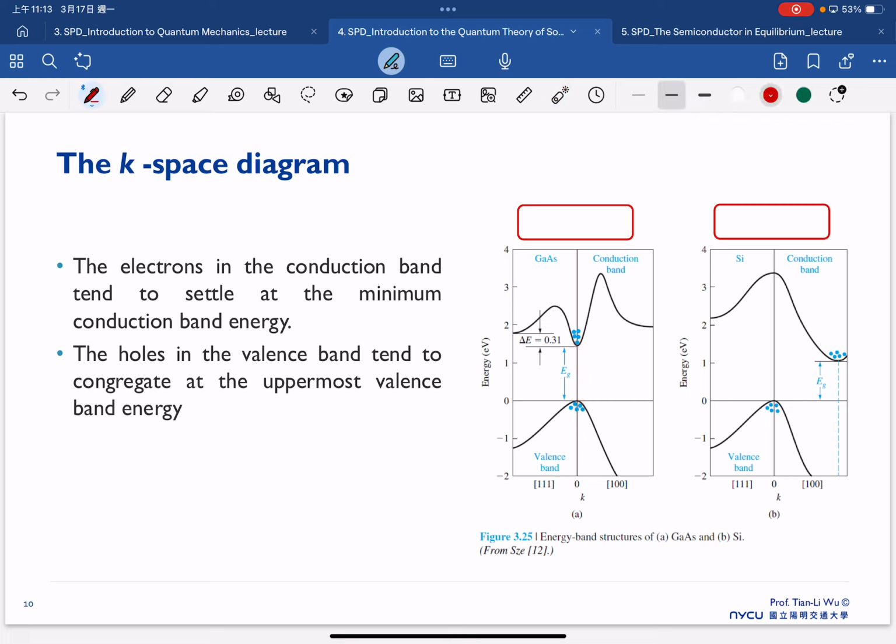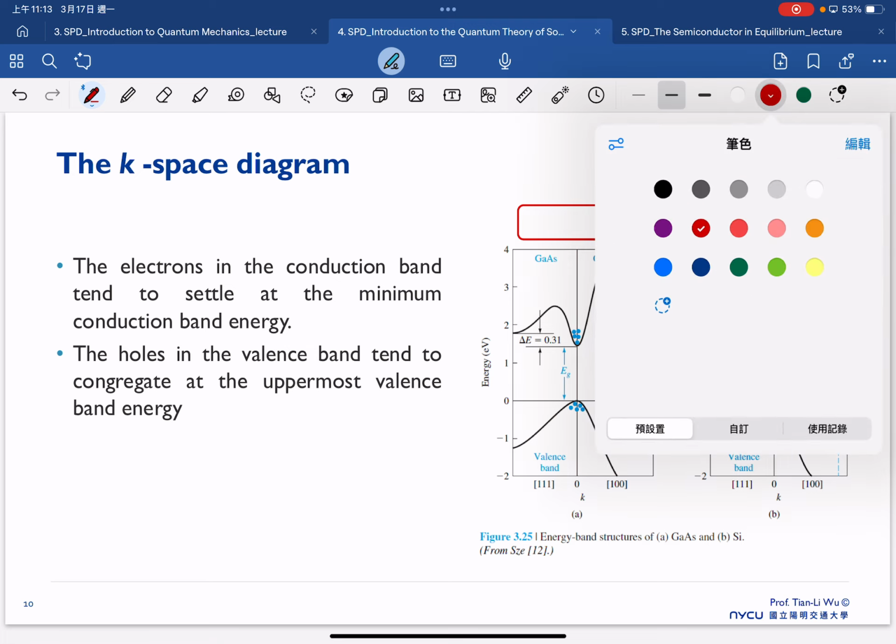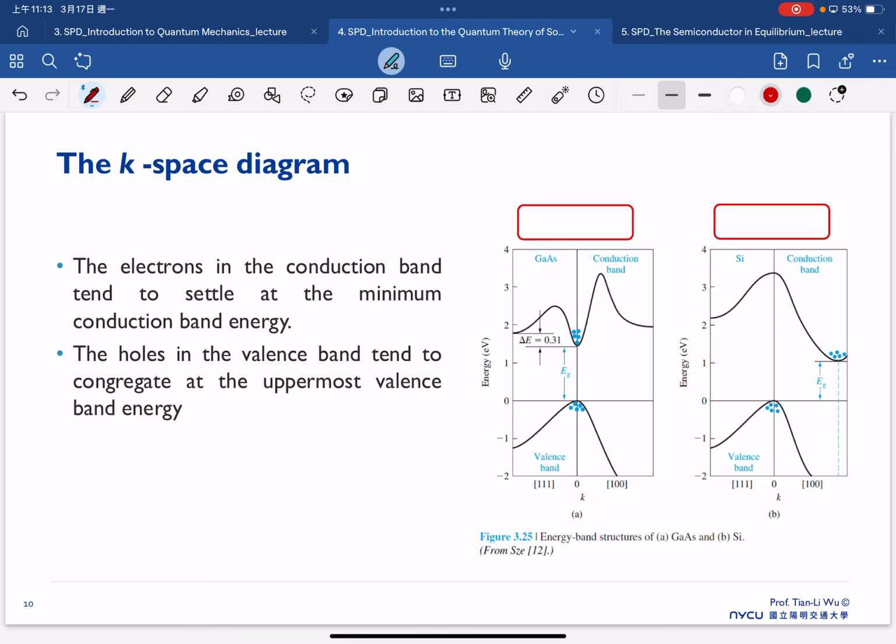So this means an electron jumping from the bottom to the top only needs to overcome a certain energy. This material is what we call a direct band gap.